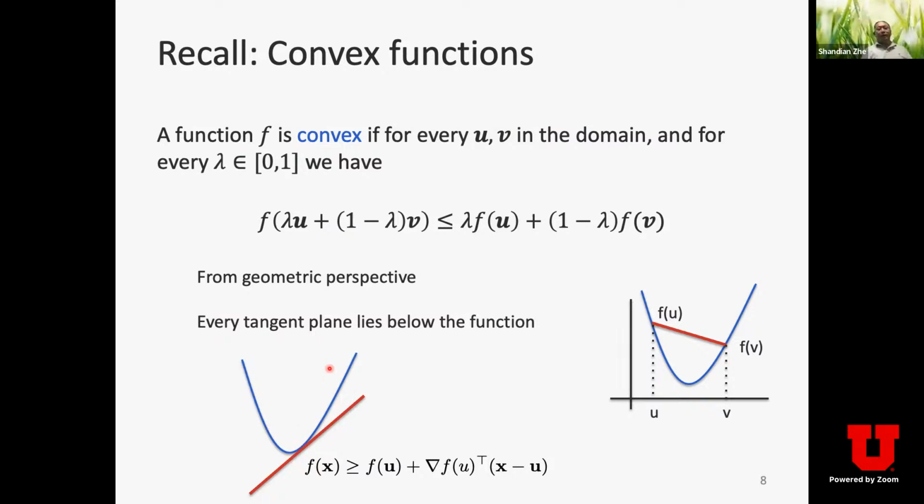This result tells us that if the function is convex and differentiable, then every tangent line or tangent plane will lie below the entire function body. That's the geometric view of convex functions. Does it make sense? This is very important for us to explain what it means for subderivatives or subgradients.